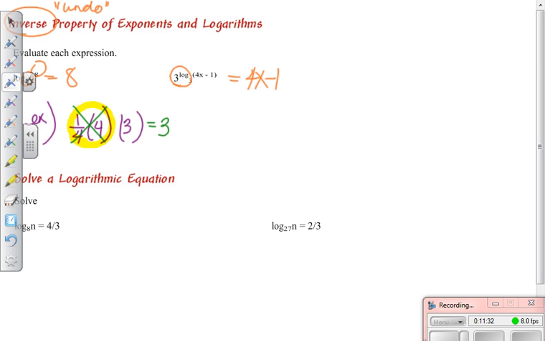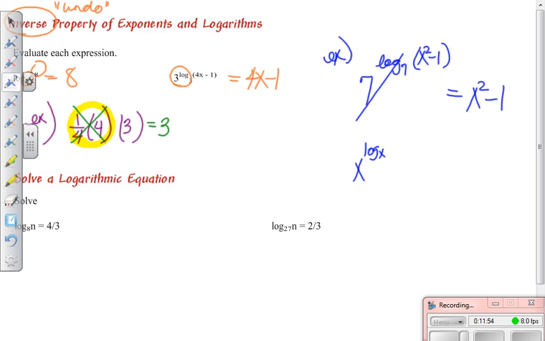So if we look at another example, if you think about 7 raised to the log base 7 of x squared minus 1, that will equal, these guys cancel, x squared minus 1. But notice it's the exponent raised to the same base, or it's the log of, we'll say m this time, of m.